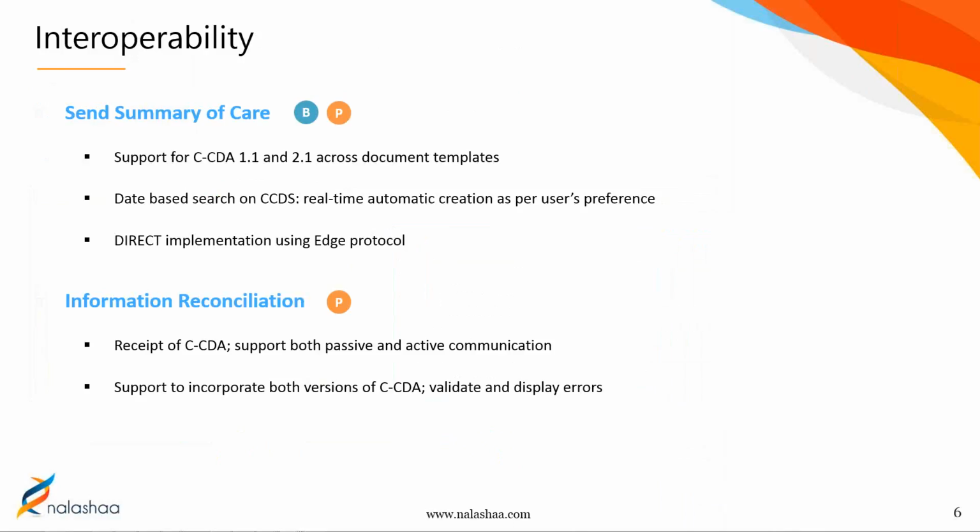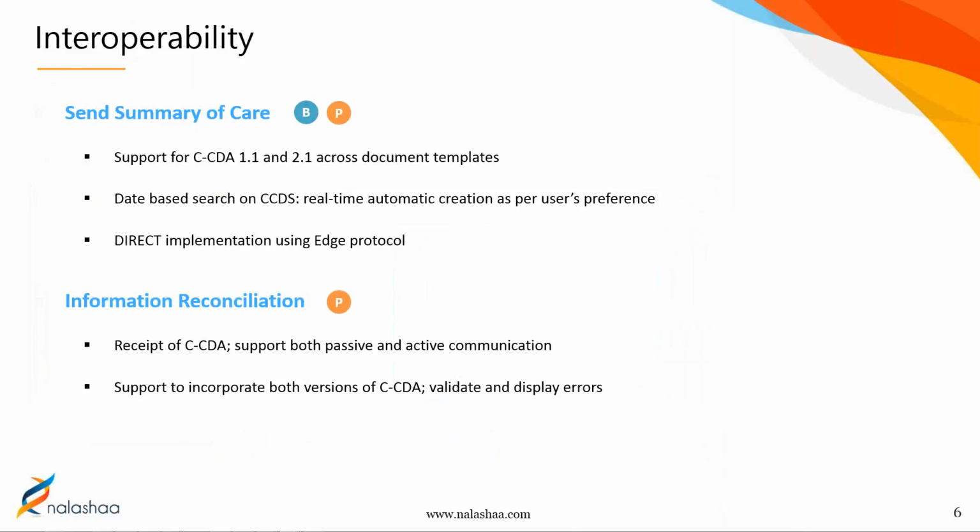So interoperability covers 60% of measures in MU3, which is up from, I would say, 33% in 2014. So CMS is deadly serious about interoperability in the 2015 edition, and most of these measures focus on interoperability. While the base of the summary of care exchange is unchanged, what is new in the CCDA is a newer version called 2.1.